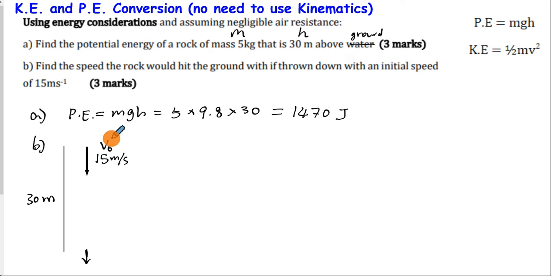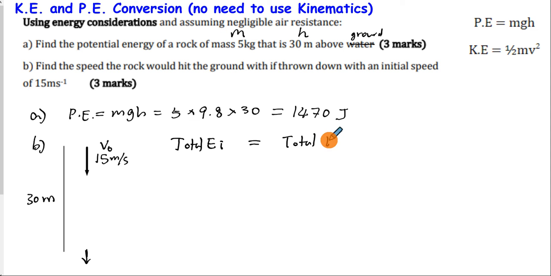Basically, this rock, after it's thrown at 15 meters per second, there's nothing else that's happening to it other than gravity. So it's a closed system, which means the initial total energy has to equal the final total energy.